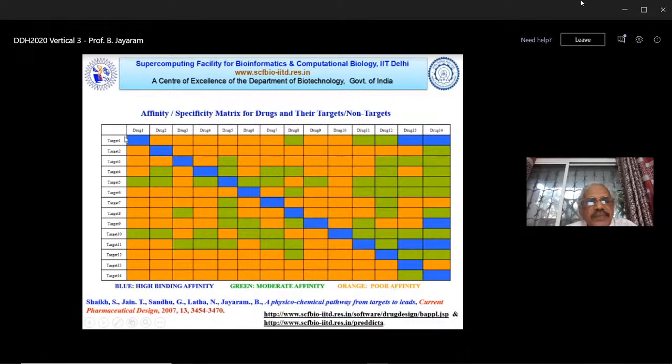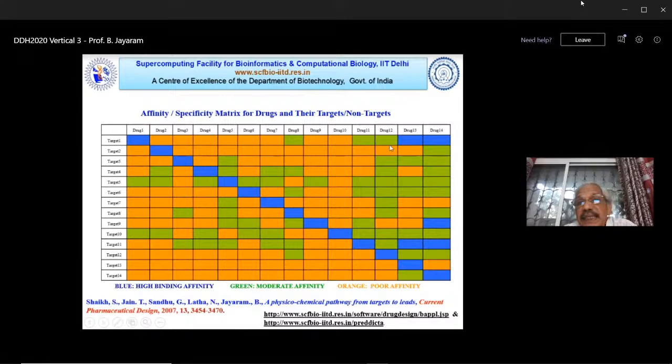So to summarize, this blue color is high binding and orange is poor affinity. What I would like to see is blue along the diagonal. If I'm creating a highly specific drug molecule for a specific protein, it's essentially affinity and specificity together, right? You want high binding, that's the affinity part. You want to be specific too, so that it doesn't bind to the wrong places, the wrong targets.